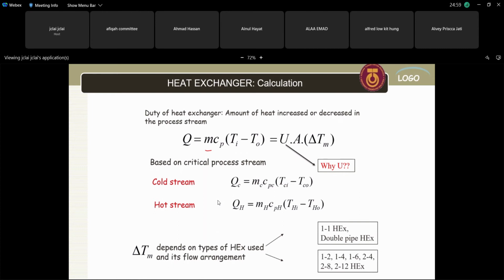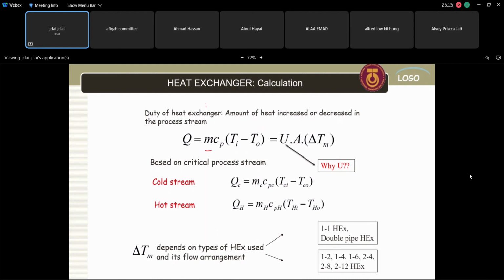Anyway, I'll record because this is just an overview. So heat exchanger basically involves exchange of heat between 2 fluids, right? One hot fluid and one cold fluid.